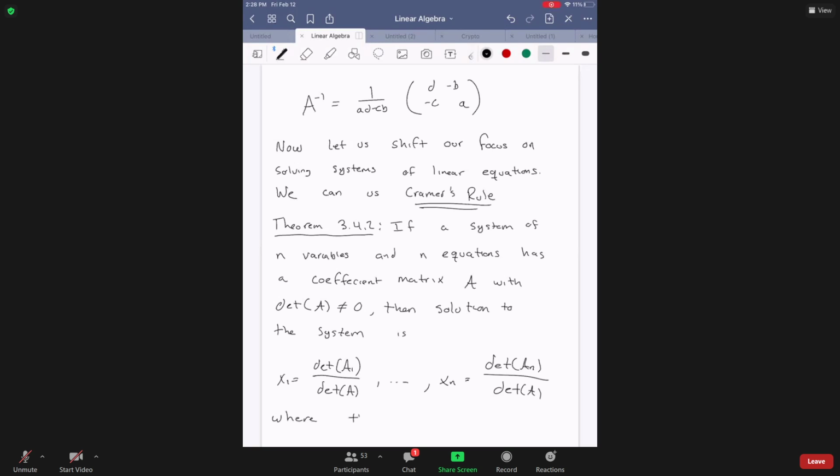the ith column is the column of constants in the system.